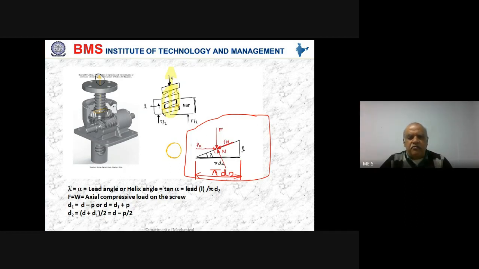F is the applied axial compressive load on the screw, F or W. Normally we use W in our case, and small f stands for the coefficient of thread friction, either small f or mu.